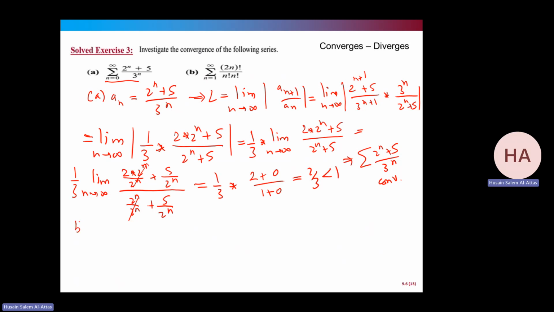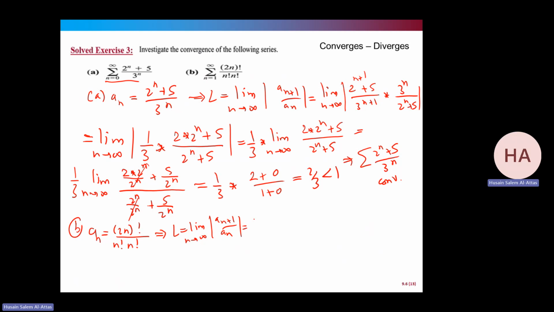Now, part B, I need to find the limit. What is a_n? Let me take it slowly. It is 2n factorial over n factorial times n factorial. What will be L, the limit as n goes to infinity of a_(n+1) over a_n?